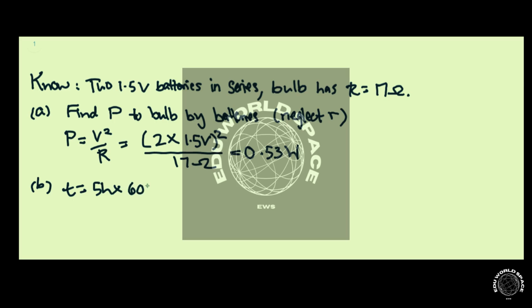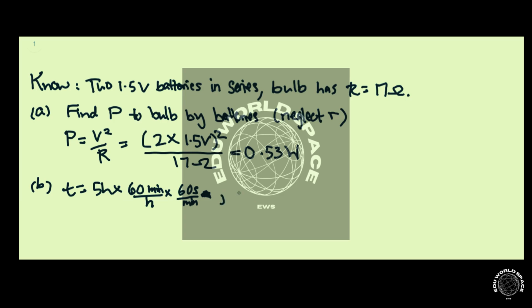So if we multiply by 60 minutes in 1 hour, and then 60 seconds in 1 minute, this will give us the time in seconds. I'll just save this part of the computation for last.